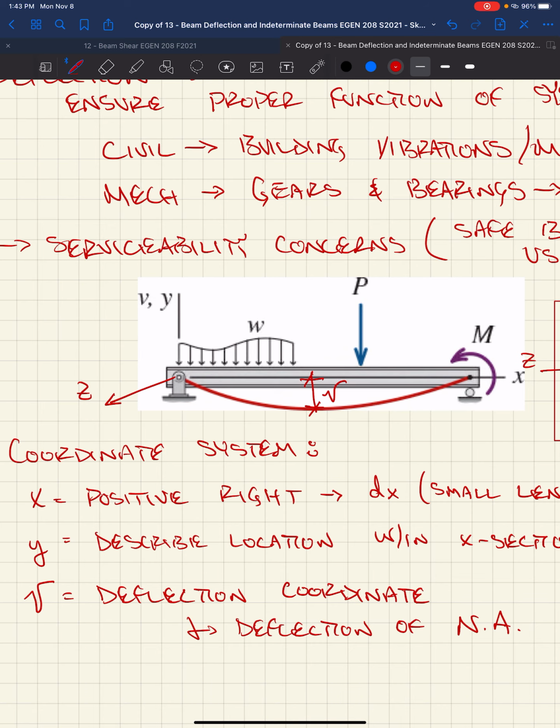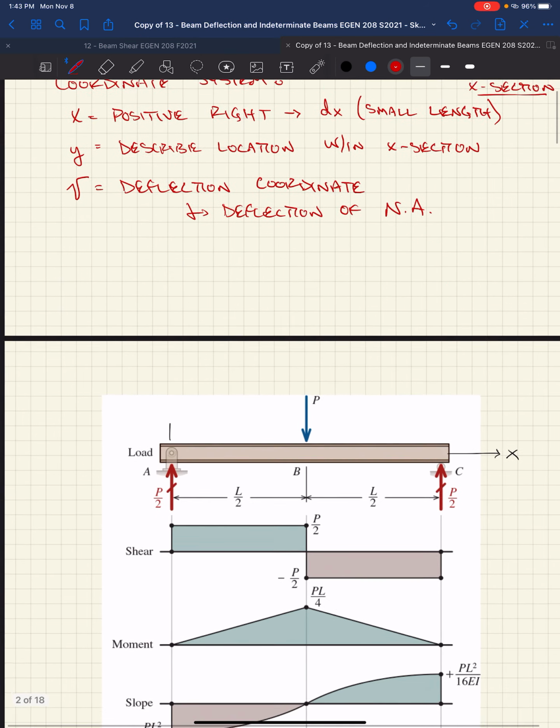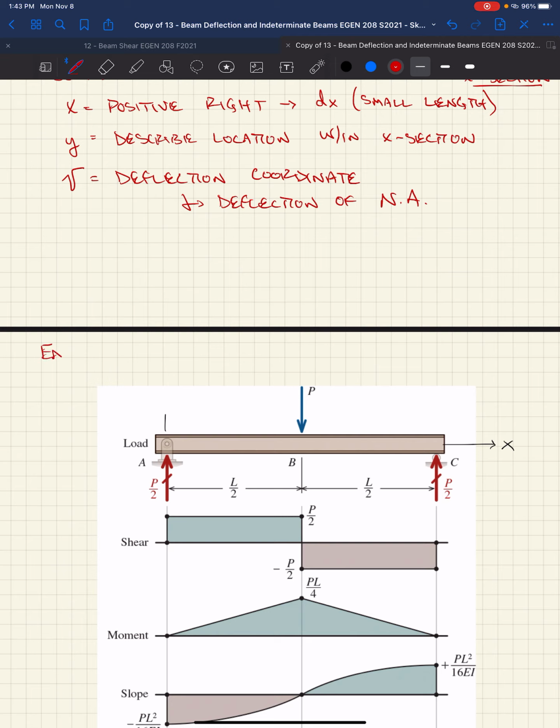What's the end game here? End game. We want to relate behavior of beam based on geometry and loading, right?